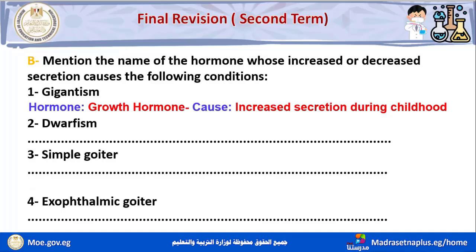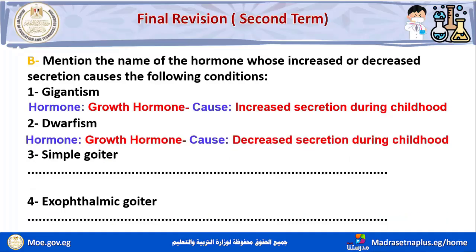Number 2, dwarfism: growth hormone, caused by decreased secretion during childhood.